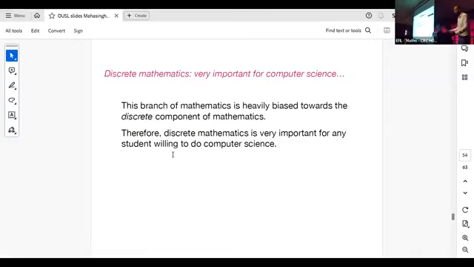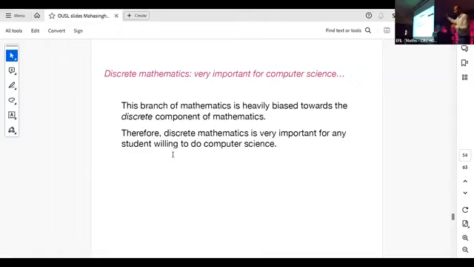What do we mean by discrete? Discrete and continuous, two opposites. Zeno, Parmenides, right? Socrates said you can break things into small parts. And Parmenides said no, it is a continuum. You can't break the universe into small parts.